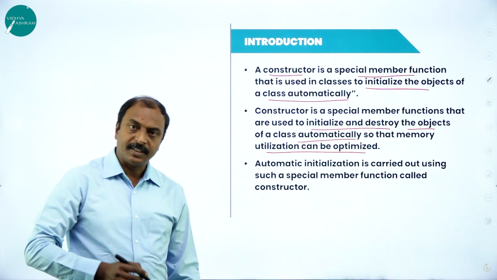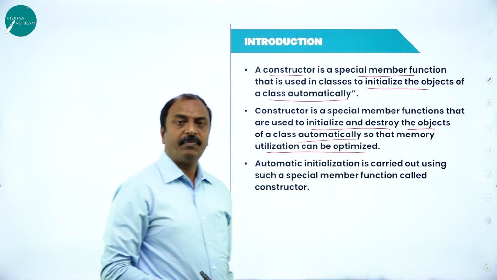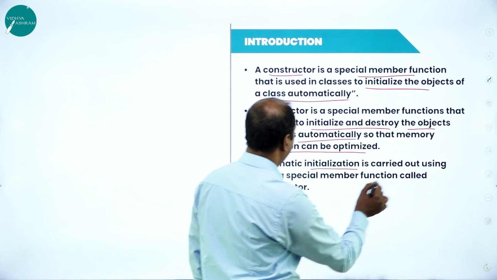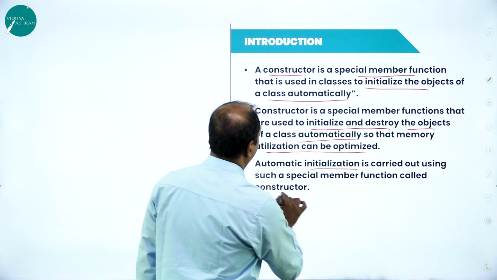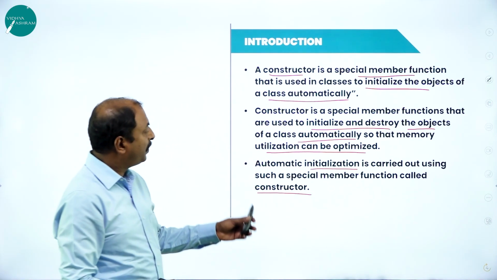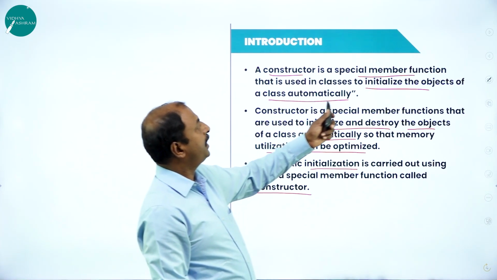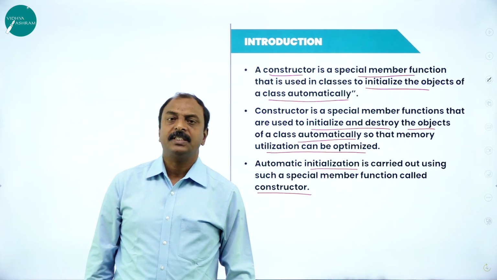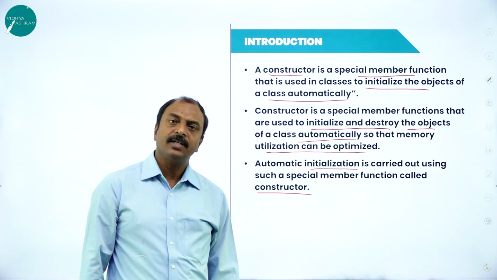Another advantage is that automatic initialization is carried out using such a special member function called constructor. So with the help of a constructor, it is possible to automatically initialize the object of a class.